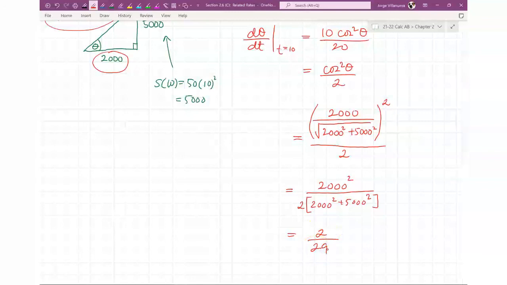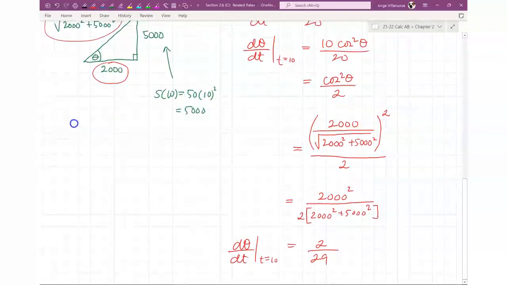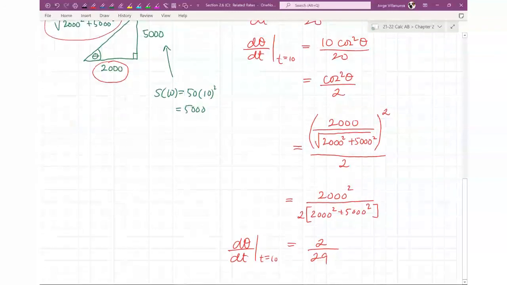What are my units? Remember, this is d theta dt. So what is my unit for the angle? Did they mention that it's degrees? No, right? They never mentioned degrees. So if they don't mention degrees, then use radians, because normally radians is the preferred measurement.